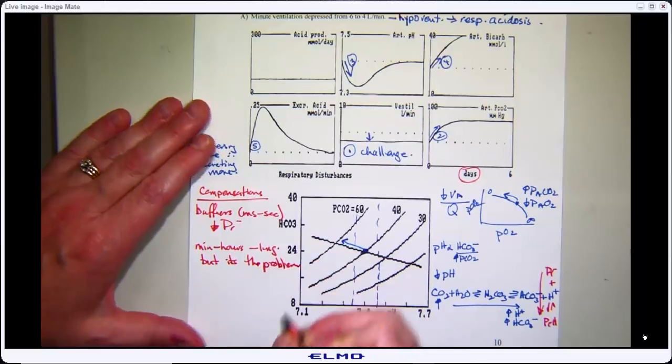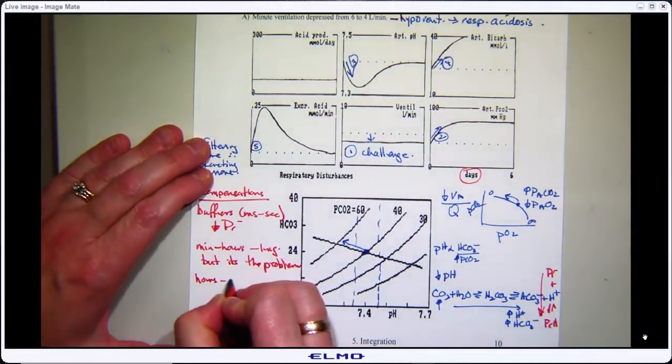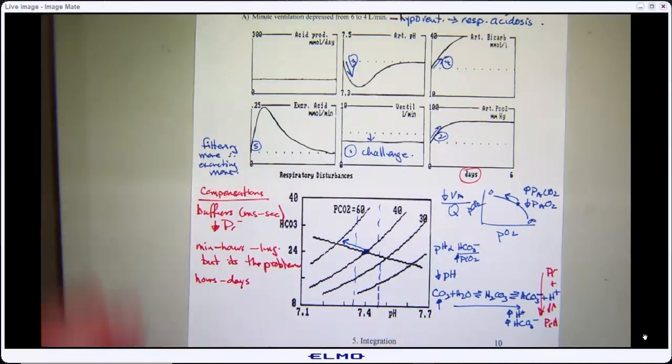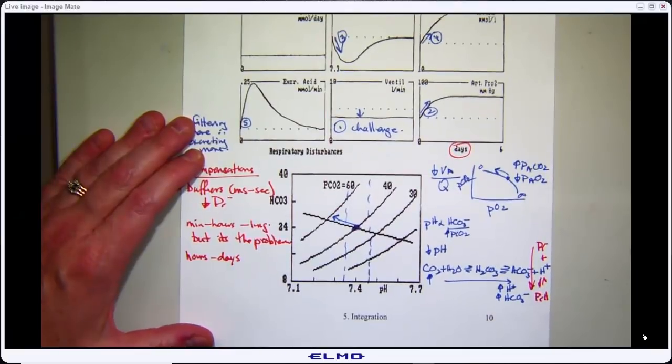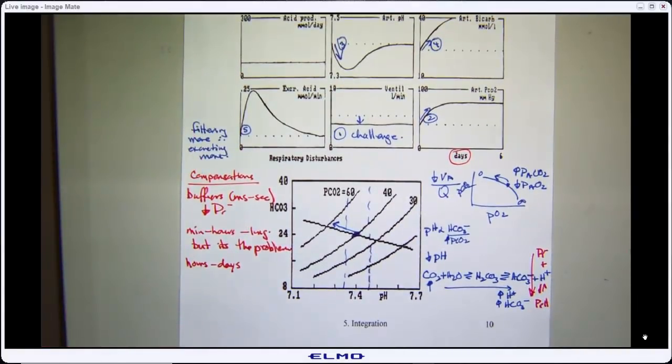Okay. So then on our hours to days time scale, what's going to happen? Increase hydrogen ion, increase bicarb. What are we going to do? The level of the kidney.